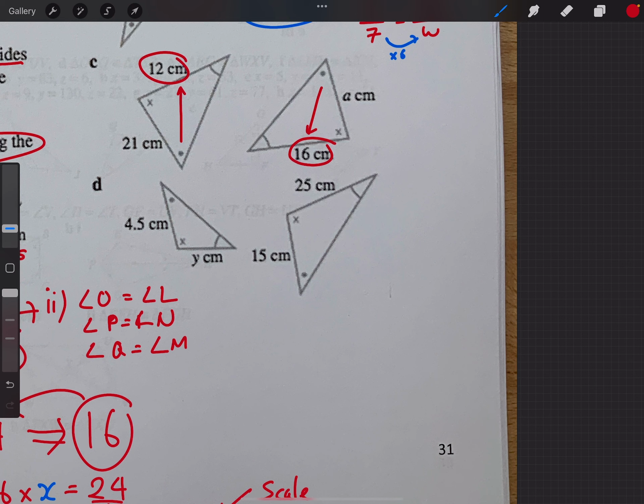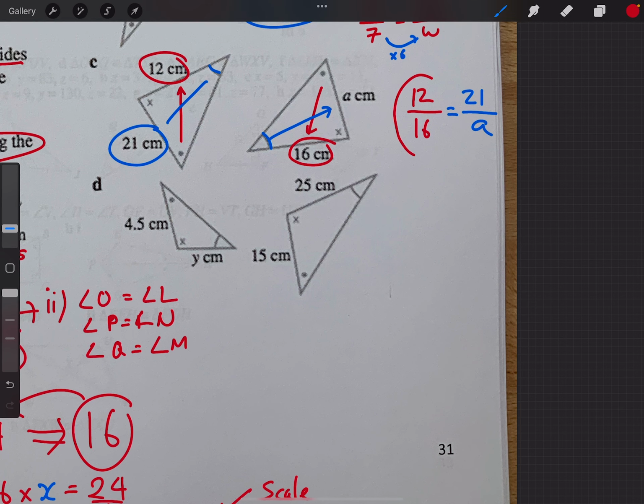So I can say something like 12 over 16, and that's going to equal, let's say, this would be 21. That's the only length we have, so that's 21 for the top, and for the bottom, now 21 is opposite the angle with the dot like that, so that one should be A. There we go.